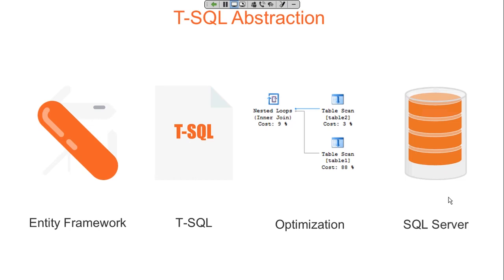Everything the Entity Framework passes to a SQL Server has to first be converted into T-SQL so that it can go through this optimization process and ultimately retrieve the physical data. So the question that we have before us is, how do we get Entity Framework to pass the best T-SQL possible to give the optimization process the best chance possible of giving us a high performance result set? And that is the focus of this course.